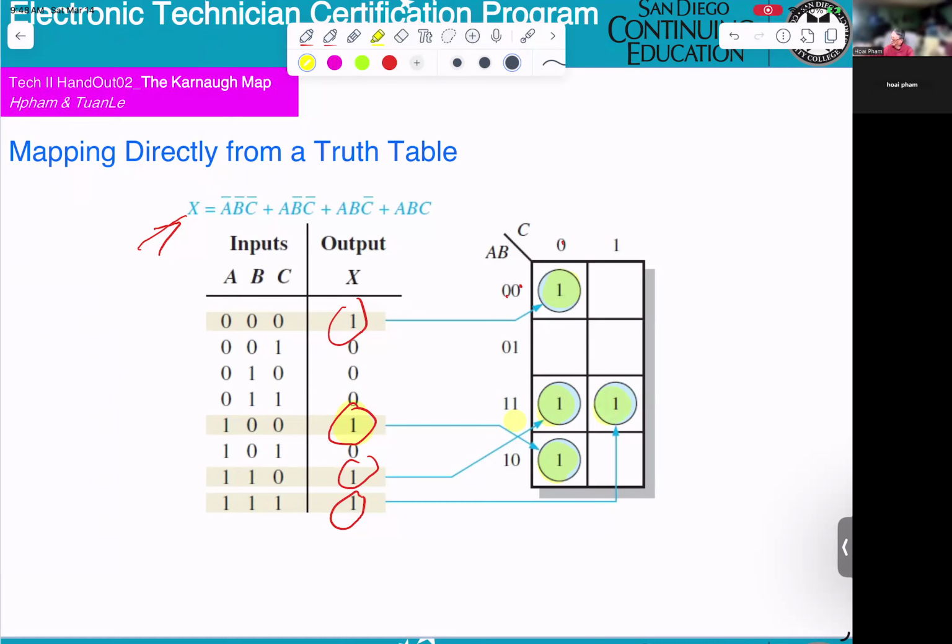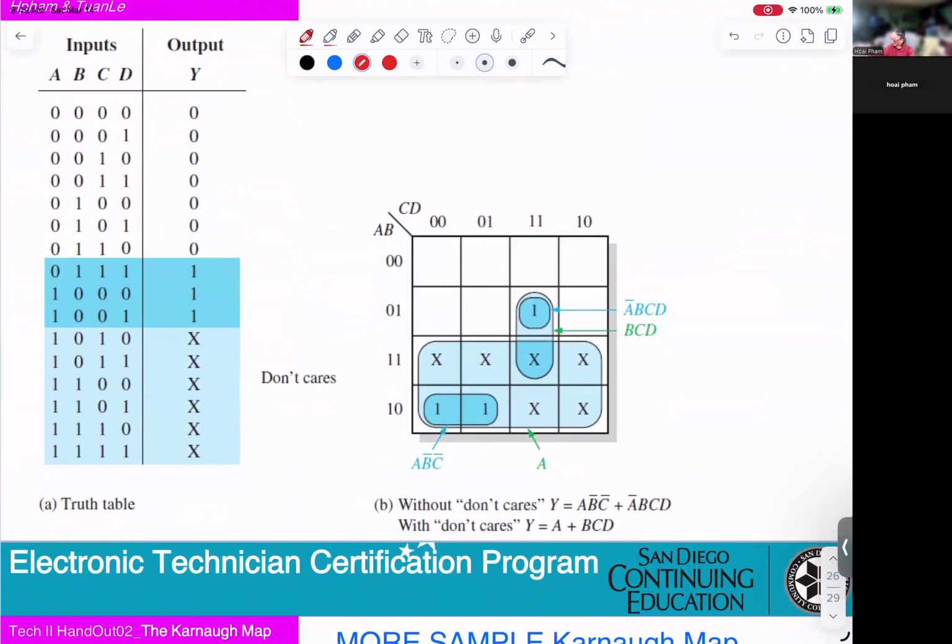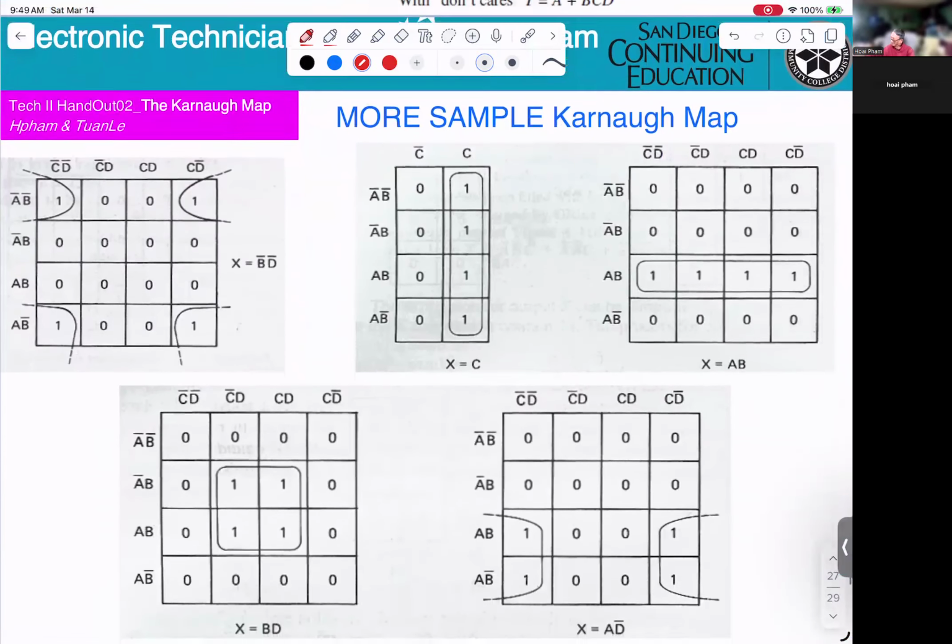Okay? Now, if you try to look, you can see that one. And that one. And that one. Okay? So that one that you don't care. But it is four variable. So we don't want to go into that. Okay?